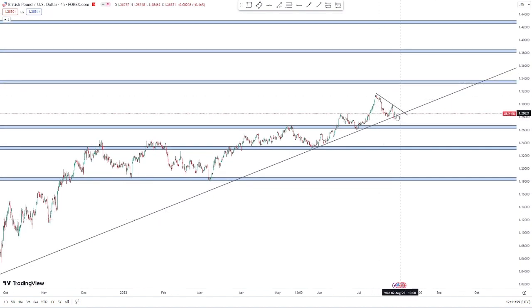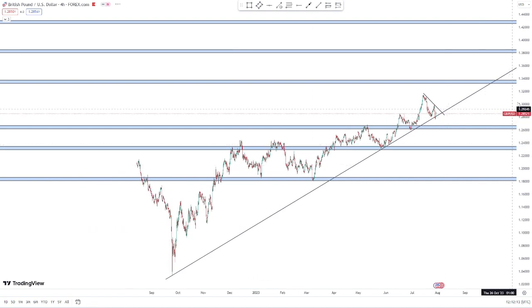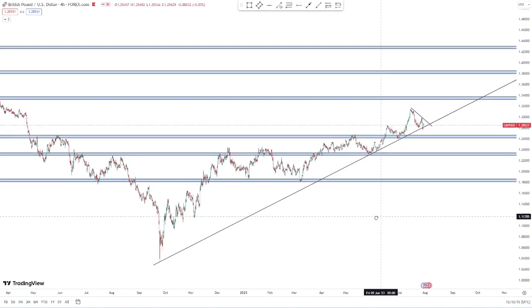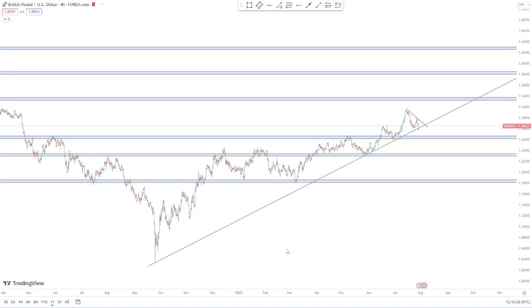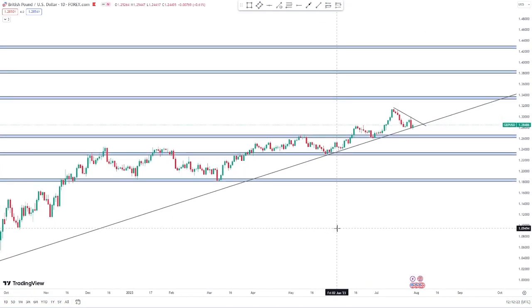If it creates a better opportunity and lines up nicely for us to engage, then I'll still come up here and alert all of us that this is what I'm looking out for. But right now, I'll sit on my hands on GBPUSD, because I don't want to risk more on this pair.